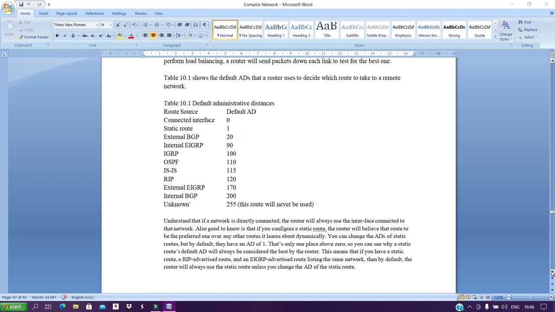That's the only place above 0, so you can see why a static route's default AD will always be considered the best route. This means that if you have a static route, a RIP advertised route and an EIGRP advertised route listing the same network, by default the router will always use the static route unless you change the AD of the static route.